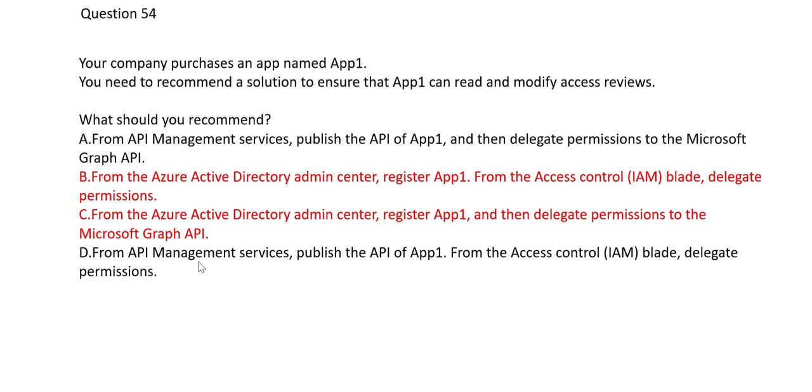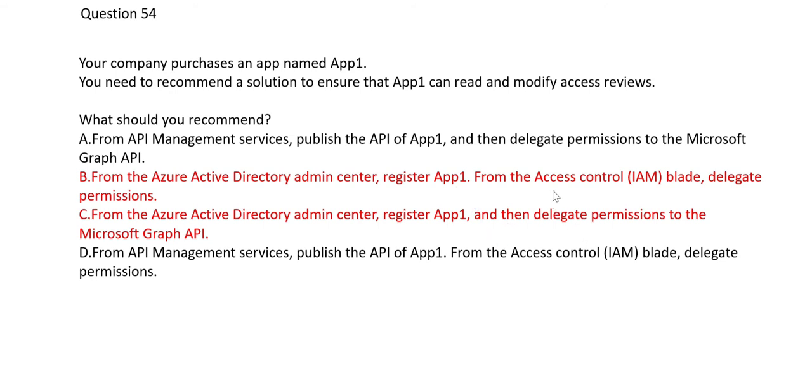First, try to eliminate the answers or options that seem silly or totally non-related. Now out of B and C, which one should we choose? C is the right answer. Even though the question doesn't talk about Graph, you have to use the delegated permission.